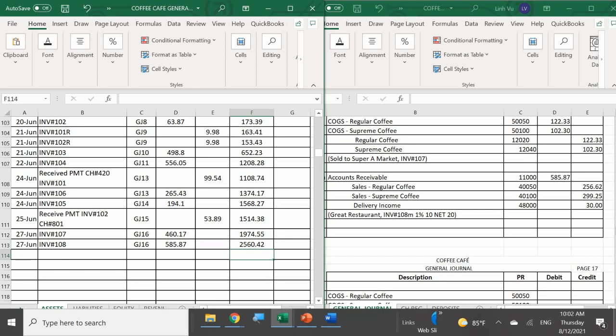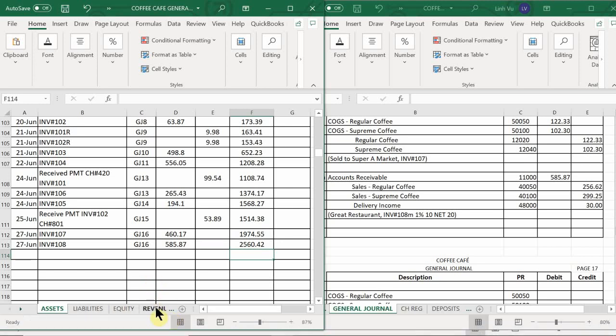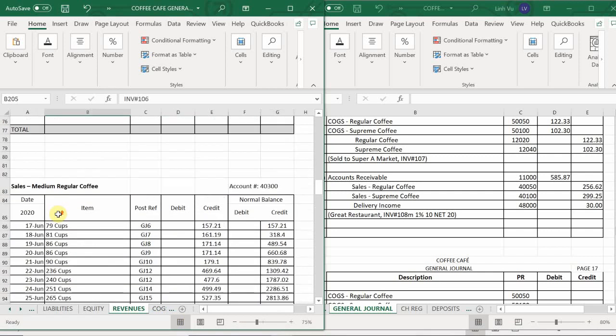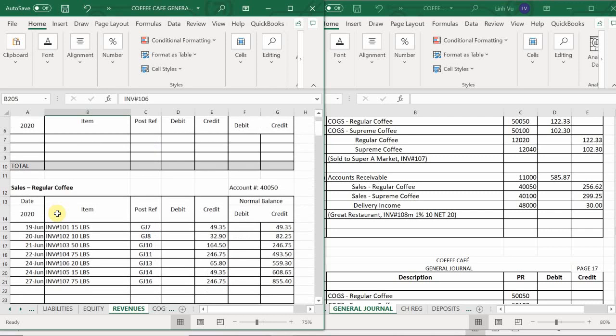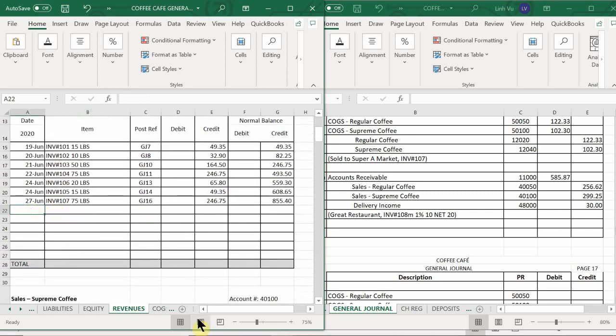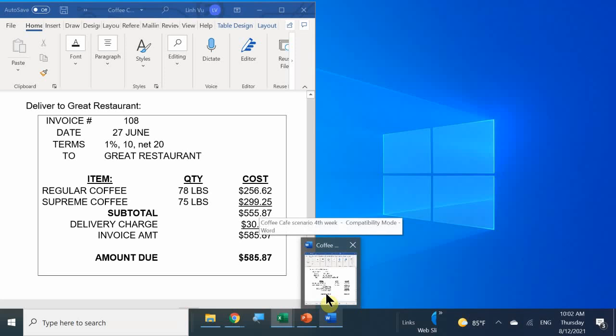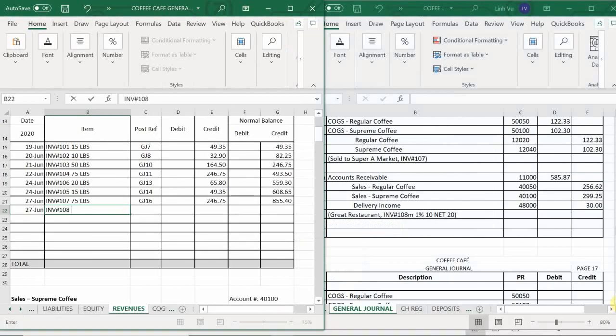Okay. Next thing I have here is my sales for the regular coffee. Okay. Invoice number 108, and I believe we sold 78 pounds of the regular coffee.